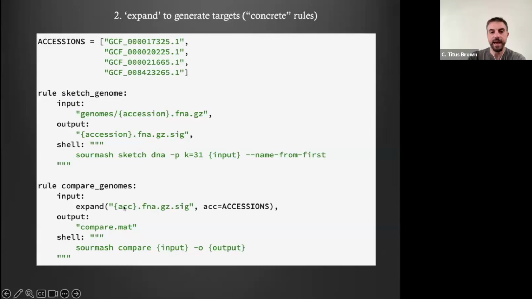So fill in ACK in this rule using the expand command, fill in ACK in this rule with all of the values here, so that compare genomes now compares all 4 genomes, which are automatically built, the sketches for which are automatically built here. So that's my SnakeMake in 2 slides. It's Python syntax, so the quoting and the tabs and so on are all Pythonic, and you can get syntax highlighting and stuff if you use the right editor.